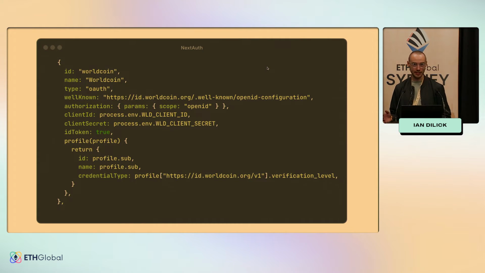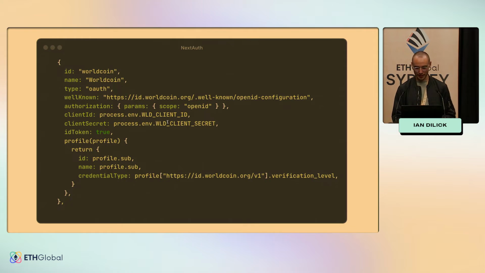To use sign in with World ID in NextAuth, this block of code is all you need. This is the provider configuration in the NextAuth handler. So you're just setting the ID of this sign-in method. That well-known file is a file on our server that lists a lot of the configuration information for OpenID.